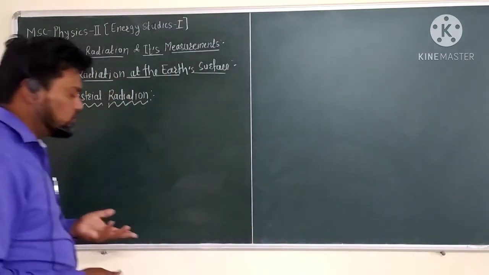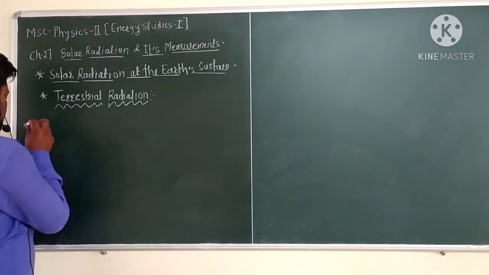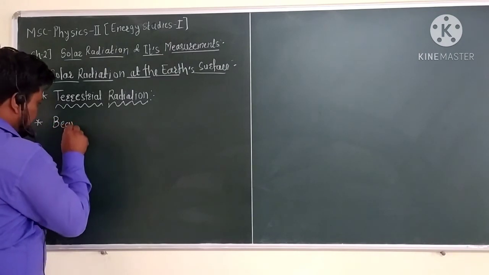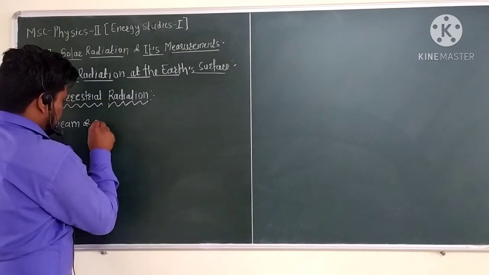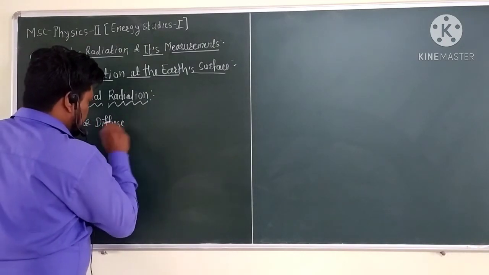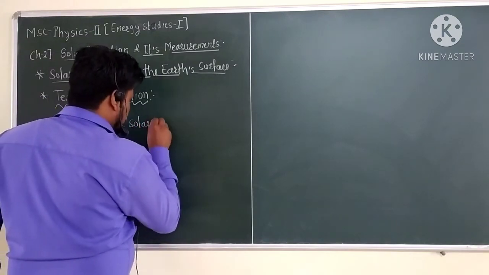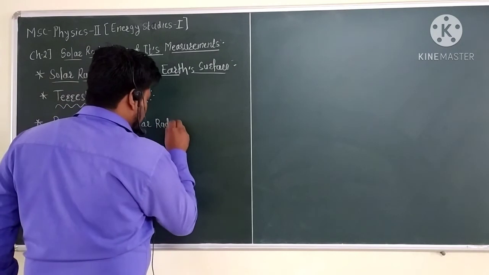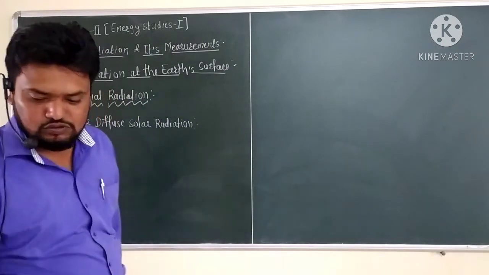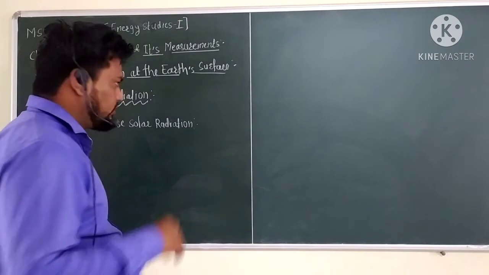So that point we have to see here, beam and diffuse solar radiation, and the first point is direct or beam radiation.